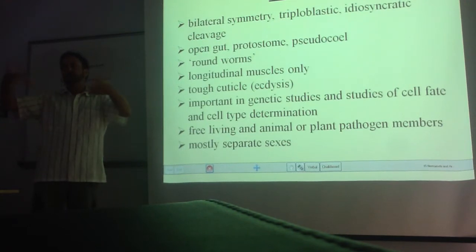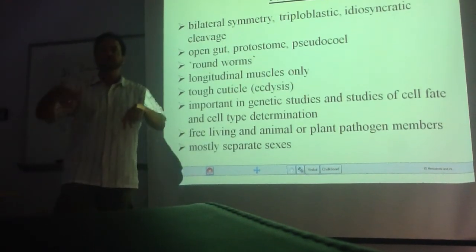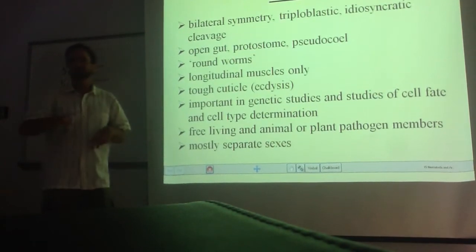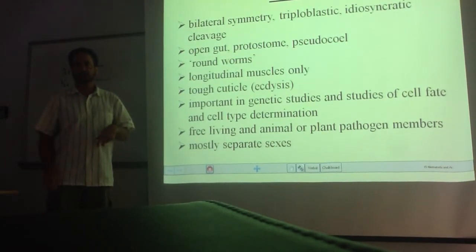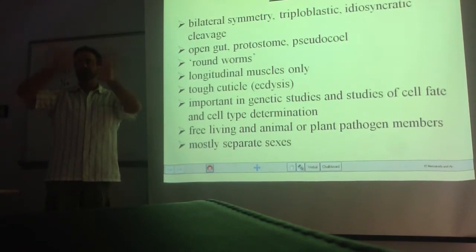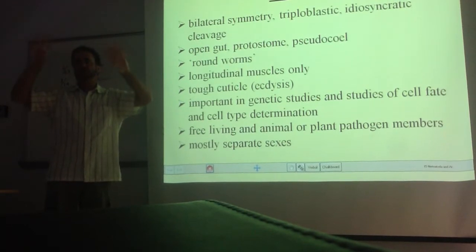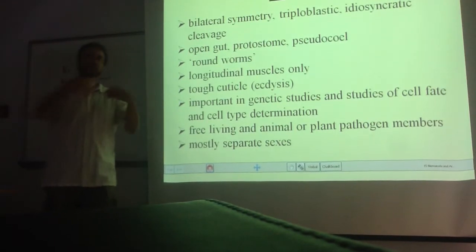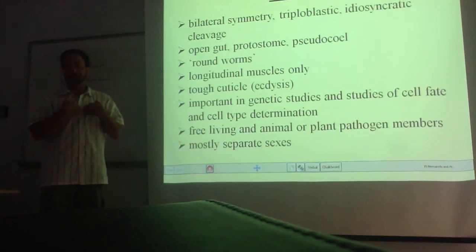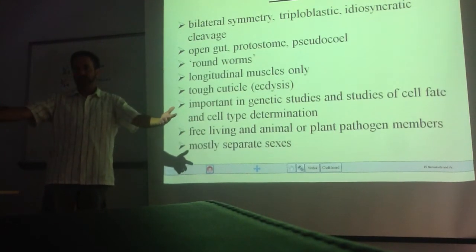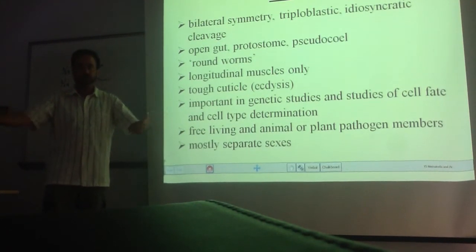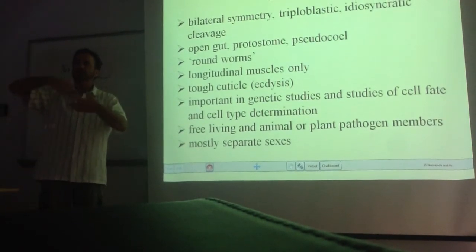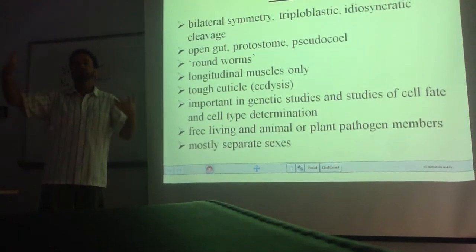Campbell acknowledges at least two different kinds. If you went back to Campbell's fifth edition, it would tell you that nematodes and arthropods had spiral determinate cleavage. But once they started realizing that there were these different groups of protostome animals that were unrelated, they went back in and re-examined this. I am not a developmental biologist, so I couldn't begin to tell you what the difference between spiral and idiosyncratic cleavage is. And there's a paper in the lab supplements that suggests there's actually many more different types of derived determinate cleavage than just these two.